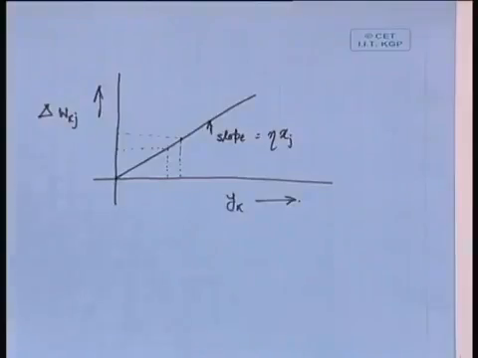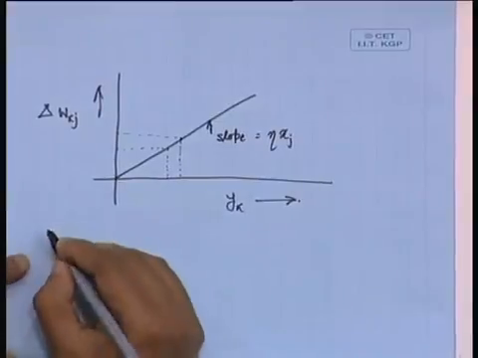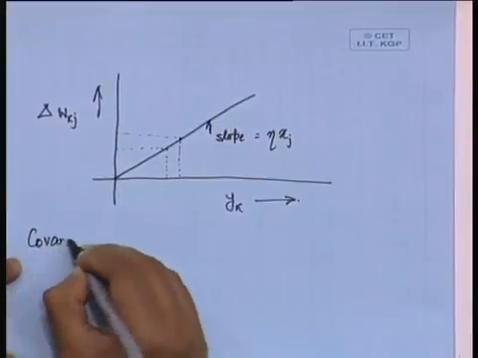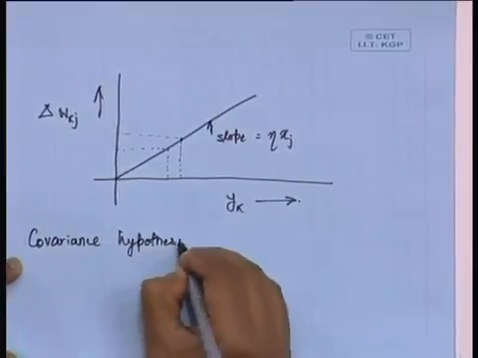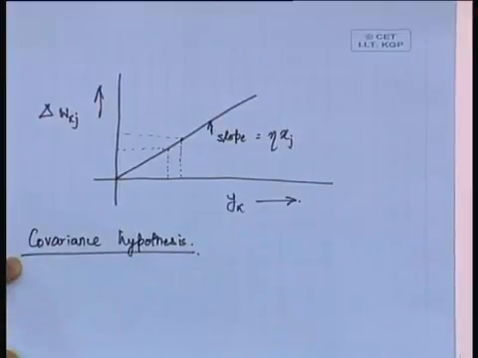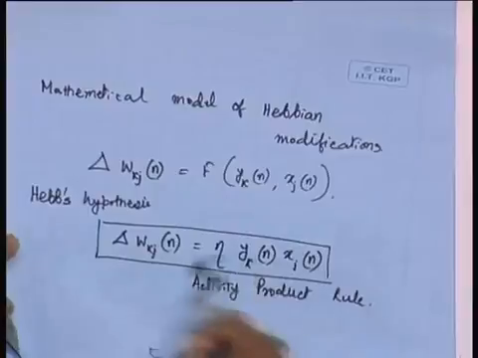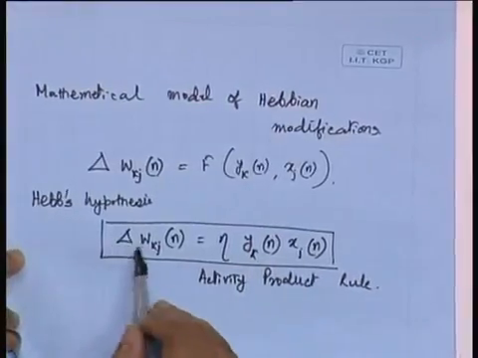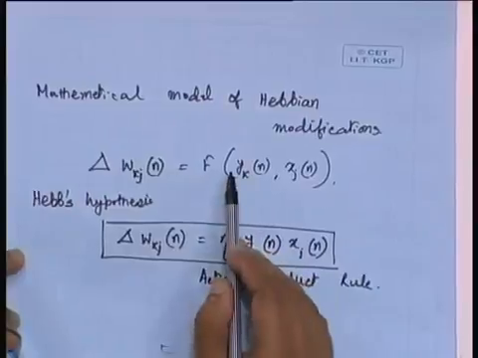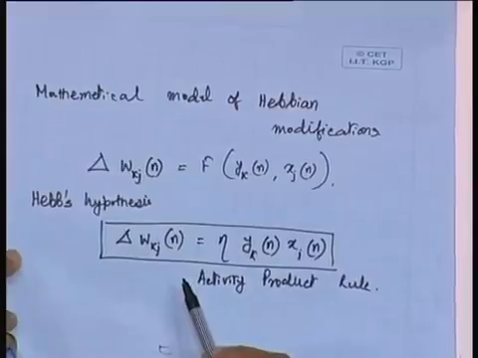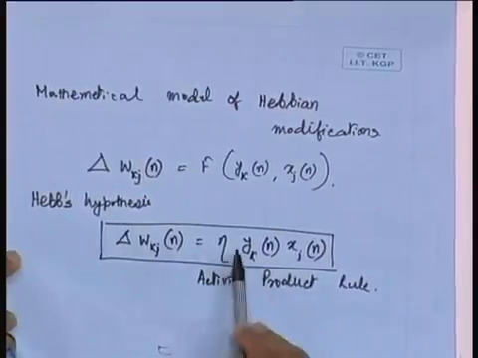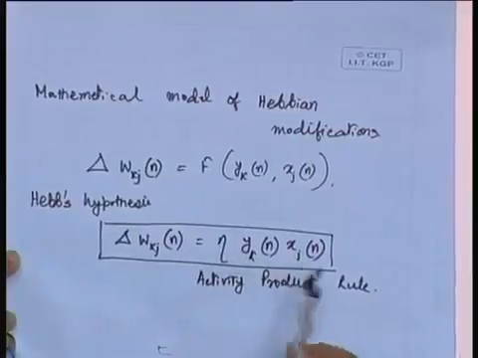Now, the original Hebb's hypothesis has been somewhat modified by proposing what is called the covariance hypothesis. In the case of the covariance hypothesis, we are going to take a very similar kind of mechanism, that is, delta Wkj will still be treated as a function of Yk and Xj, but we are not going to take the product as it is, not eta Yk Xj.